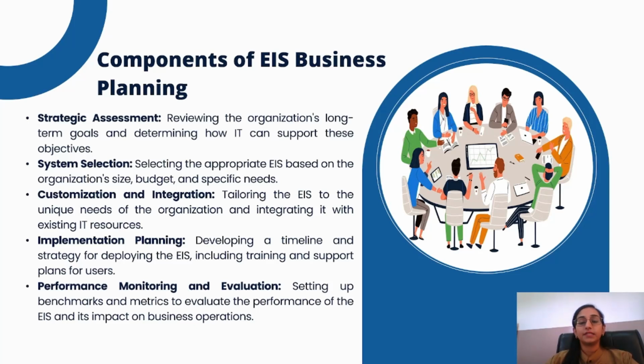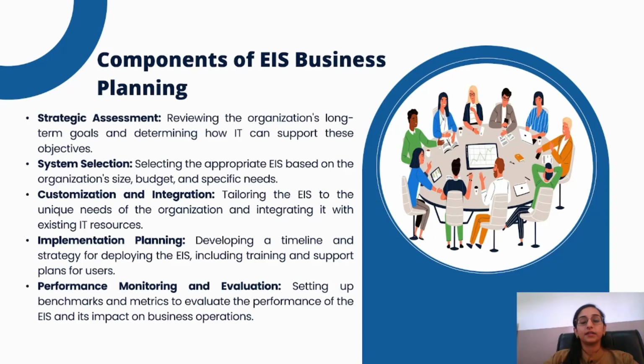These key performance indicators should cover various aspects of system performance, including system uptime, user satisfaction, process automation rates, and data accuracy. KPIs should be specific, measurable, achievable, relevant, and time bound, which is known as SMART, right? And ensuring they provide meaningful insights into system performance.